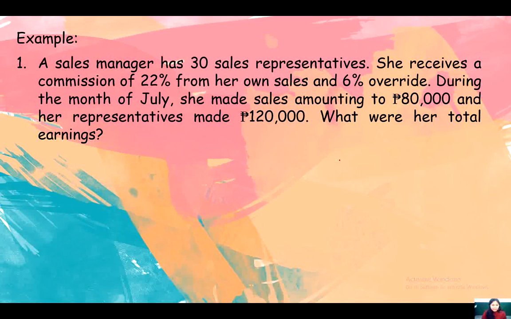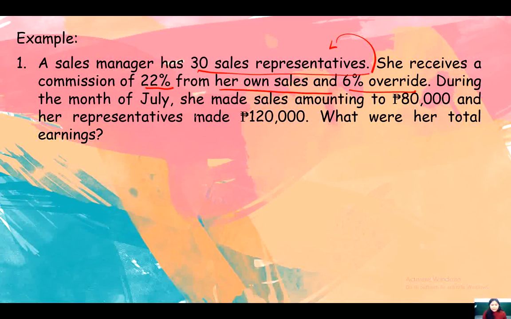So a sales manager has 30 sales representatives. So marami rin, no? She receives a commission of 22% from her own sales, and she also receives a 6% override doon sa kanyang 30 sales representatives. So nagkakaroon siya ng commission doon.